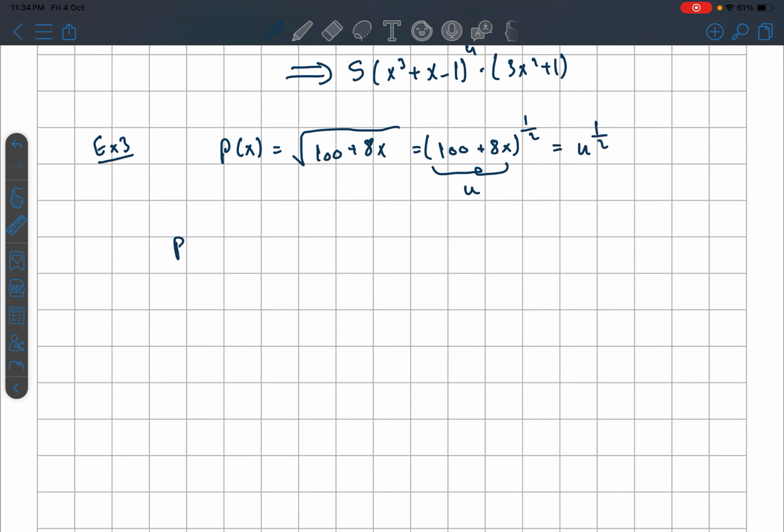And now let's take the derivative of h(x). It will be dh over du times du over dx.